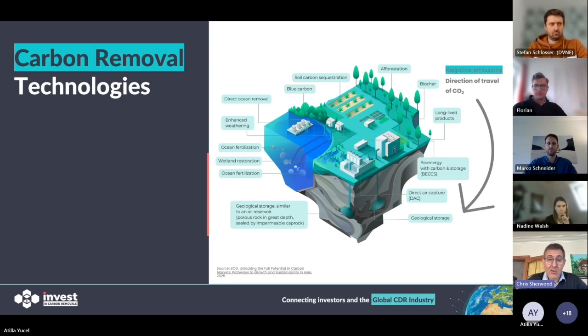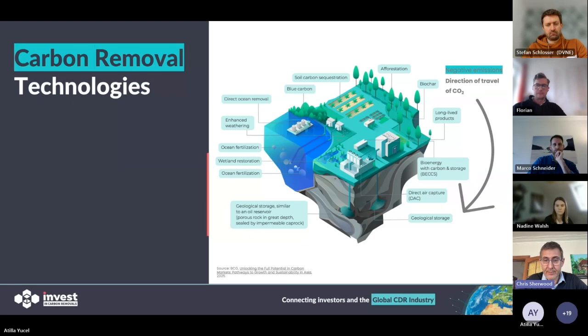Then there are some methods, including direct air capture and bioenergy with carbon capture and storage, which result in CO2 in a bottle, if you like, and that needs to be stored somewhere. So you can store the CO2 underground, you can mineralize it underground, turn it into rock, or you can just put it into a disused oil field or gas field.